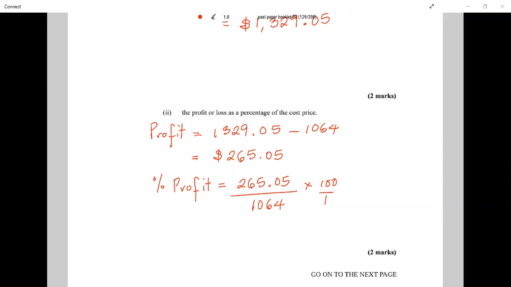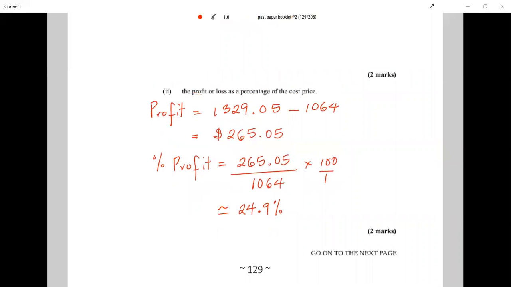According to this, you would make approximately 24.9% profit. So even though he gave a discount on the mark price, he still made almost 25% profit.